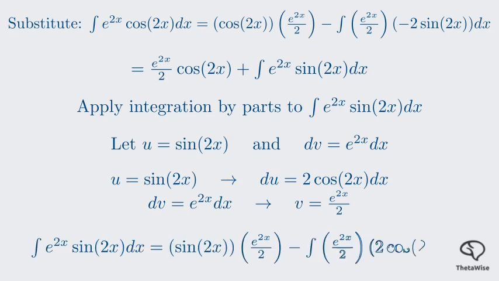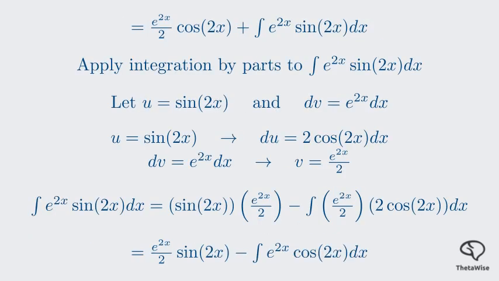Applying the formula to this part, we get e to the 2x over 2 times sin of 2x minus the integral of e to the 2x cos of 2x dx. Now we substitute this back into our main equation.